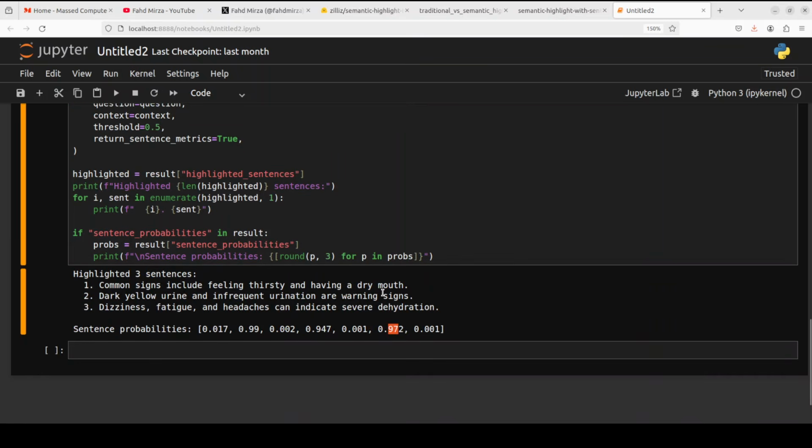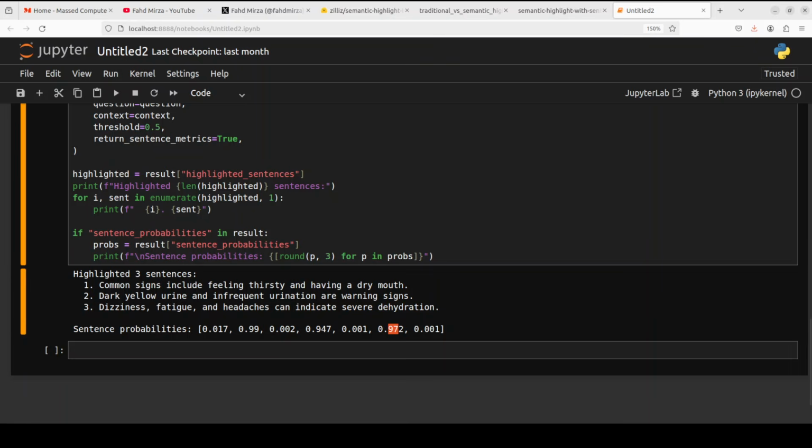So that is why they have such a low score, and only the relevant sentences get highlighted and sent to your LLM, and that is going to cut the token cost by 70 to 80%. I hope that now you are understanding how much cost saving we would be able to do here.